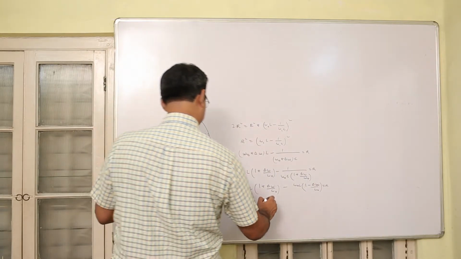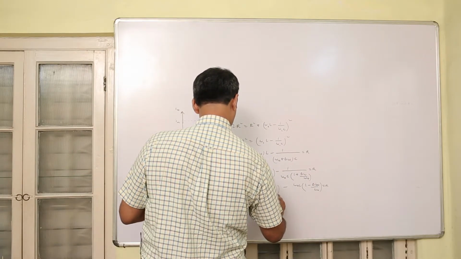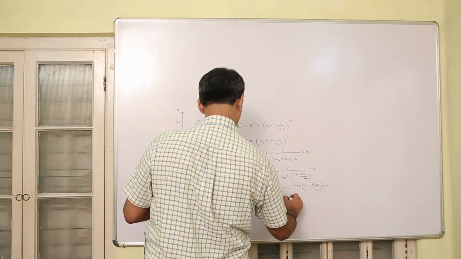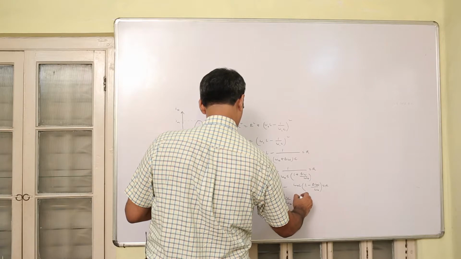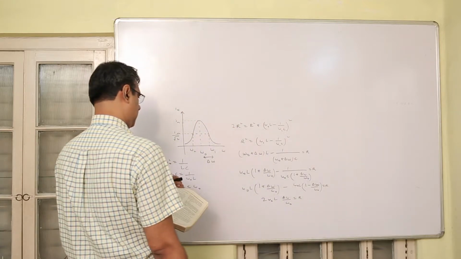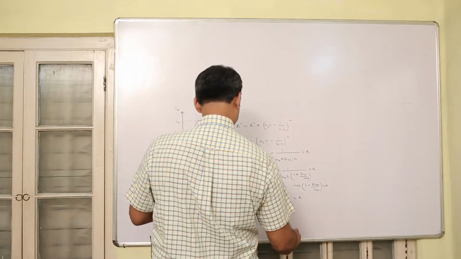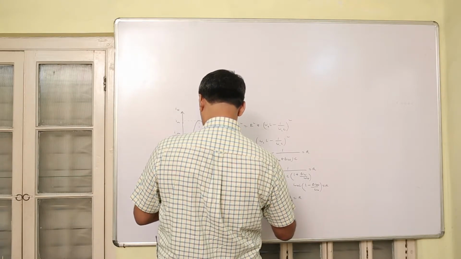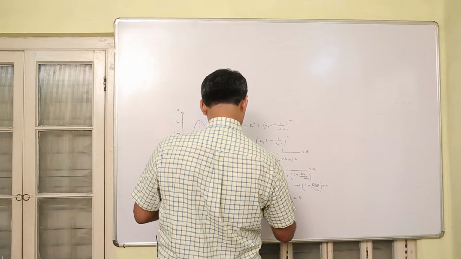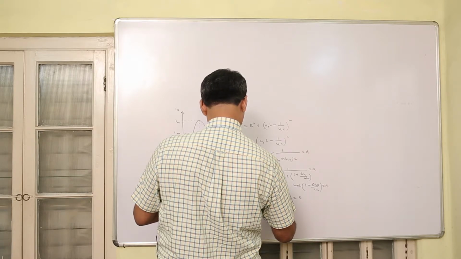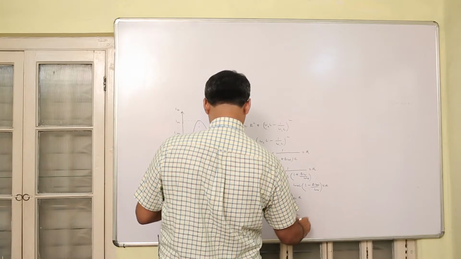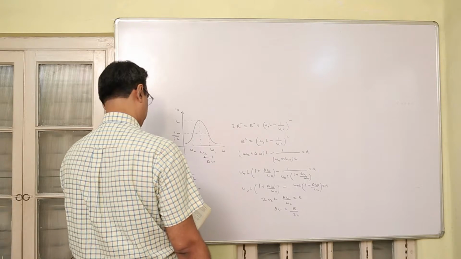Now if you open the brackets, you will get 2 omega 0 L into delta omega by omega 0 is equal to R. So this will give you delta omega is equal to R by 2L.